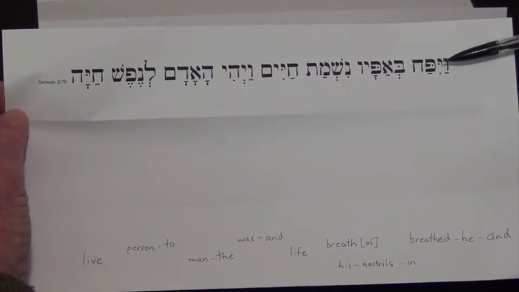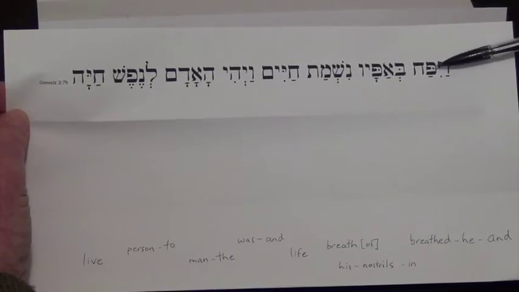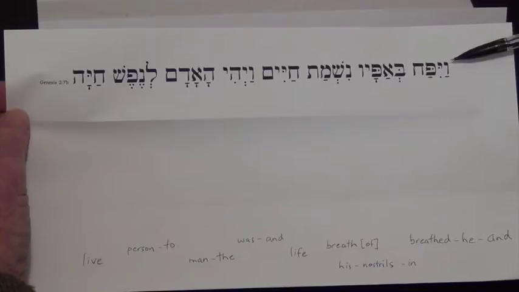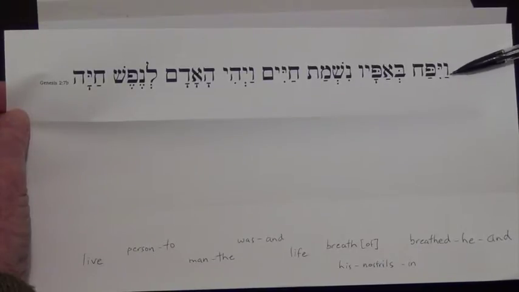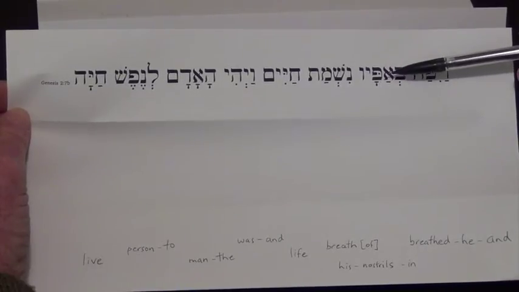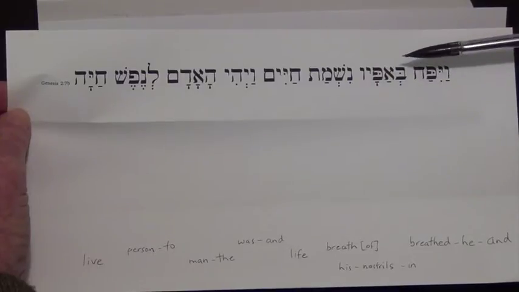So, and he breathed. This word means breathe, and the "vay" here means, and this Y letter here means third person singular. And he breathed in apau, in his nostrils.